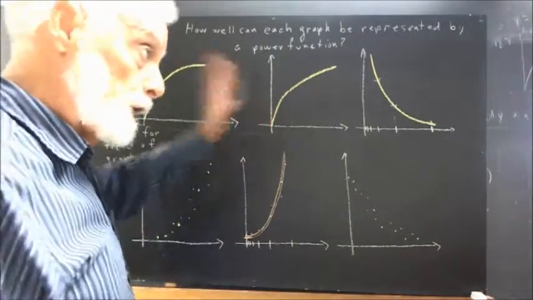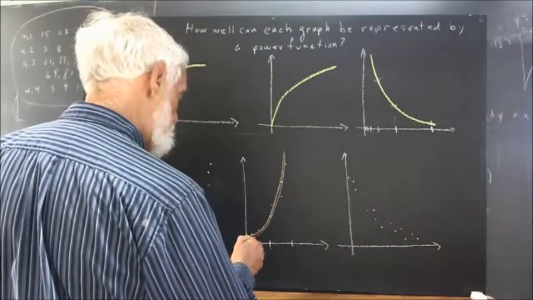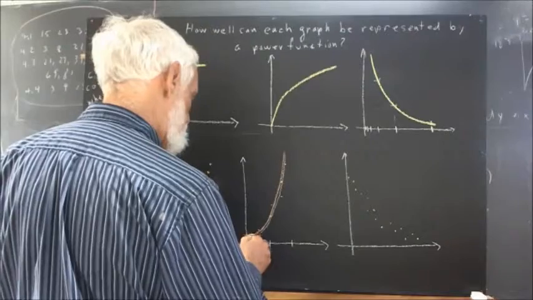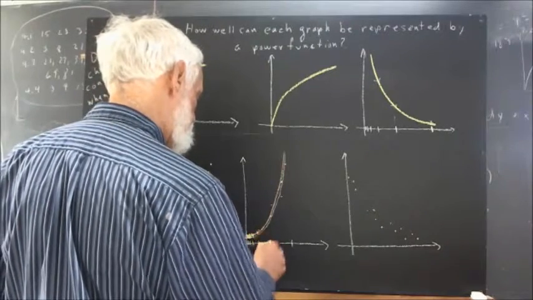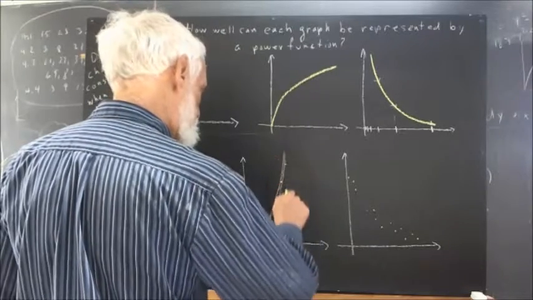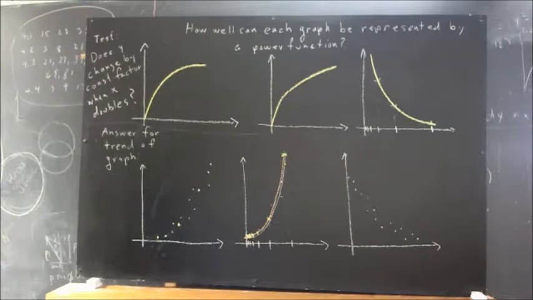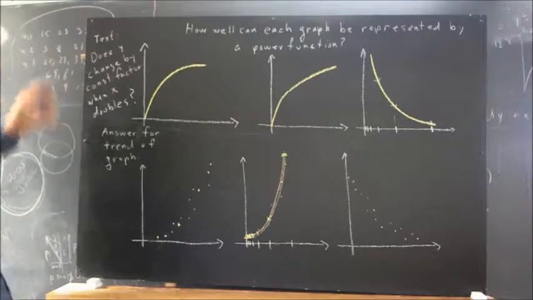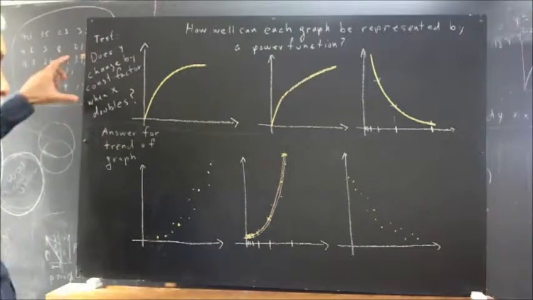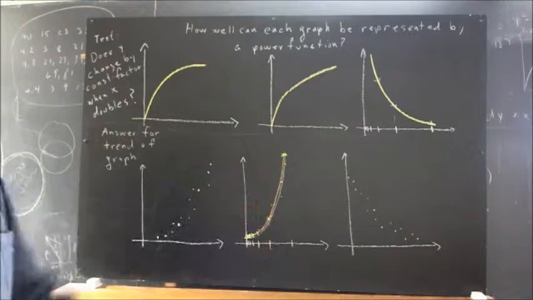I've fit a trend line to the data points, forget them, ignore them. So now I'll have a point here, and a point here, and a point here, and a point here, and I'll come up here, and I'll have a point here, and I'll come up here, and I'll have a point up here. Okay, well, we can test according to the test. We can look at these points according to the test for a power function and make a decision. So that's the sort of thing you would do with each graph.